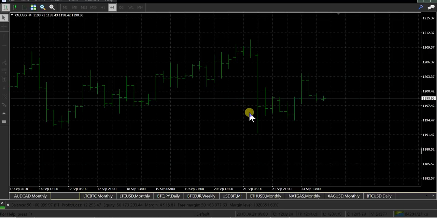And if we're just going to look for smallish bars, I don't have the cursor tool out, but I'm just going to say these are small bars. So I'm not going to even worry about whether it's a doji or not. To me, that's a little bit too much information.